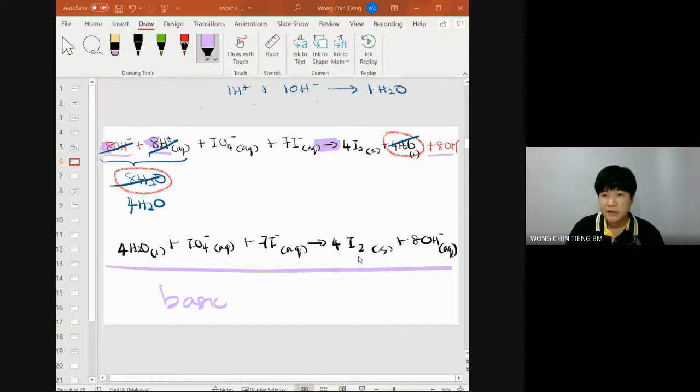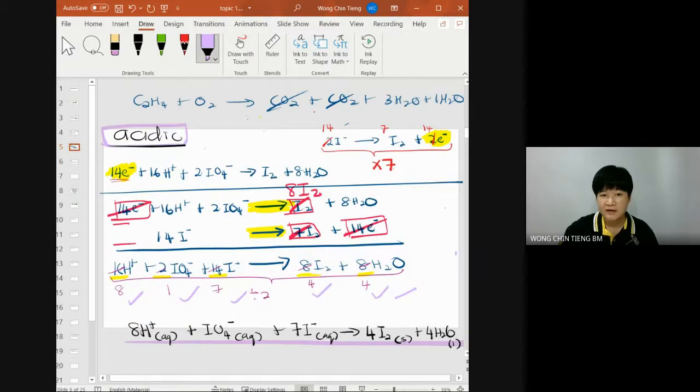Alright. A bit of tips to check your answer. Look at it. If it's a basic medium, guys, definitely having OH minus. No matter on the left or no matter on the right. Vice versa. Look at it.